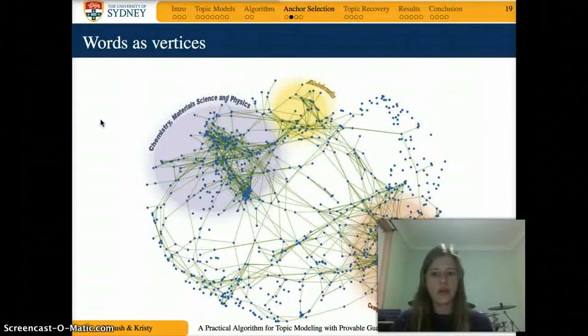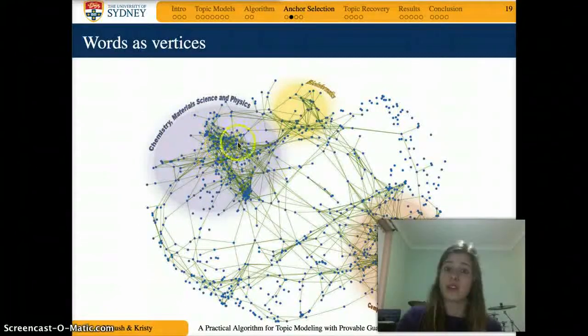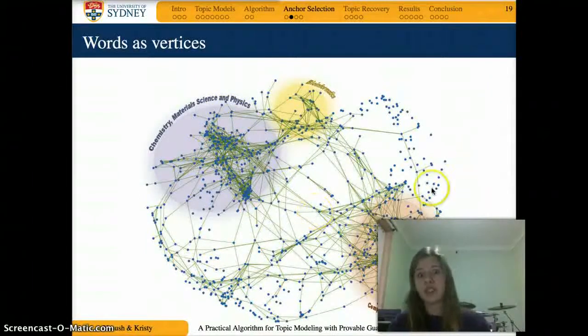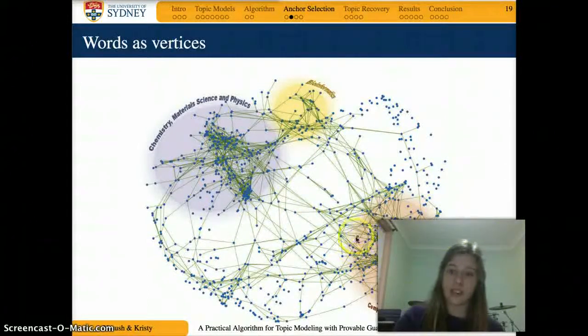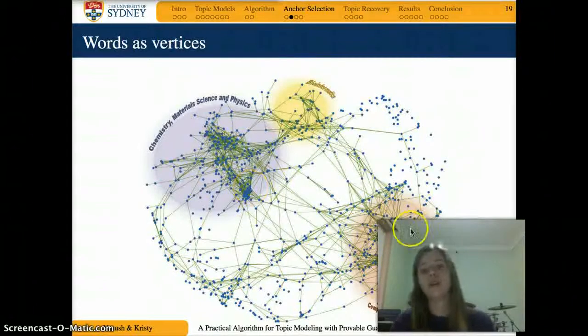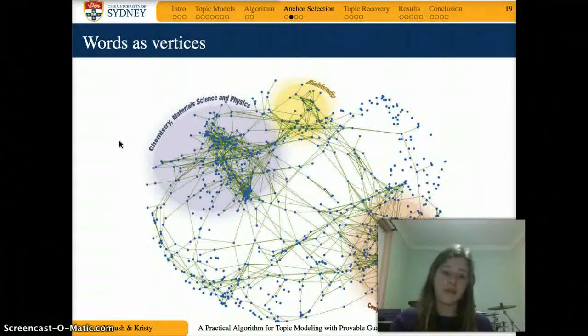And we might find that some points are clustered really closely together, and then there might be a spread like here, and that's kind of representing different topics because we've got all these here and then all these here about material science and physics. But the question is, what about all these words that are on the outside?